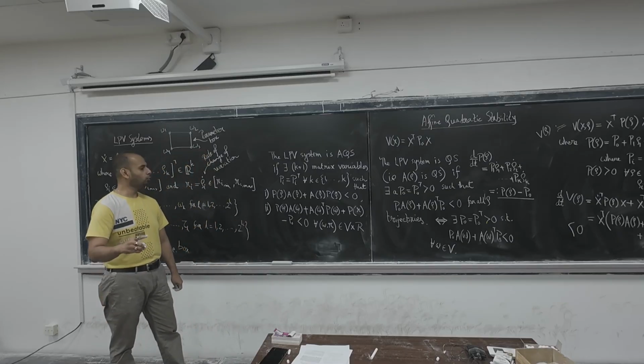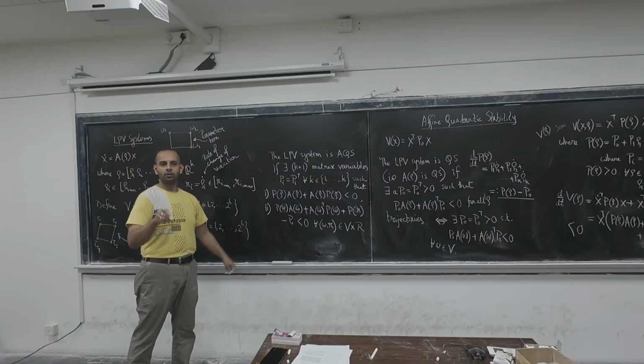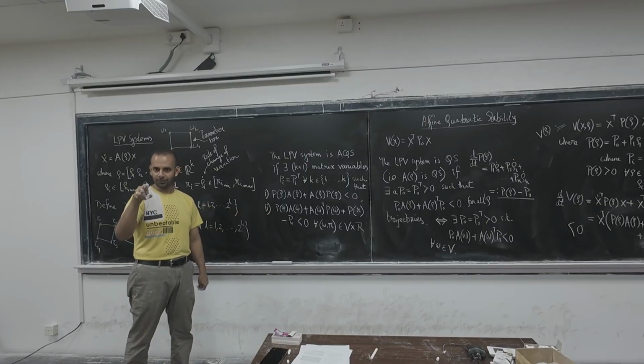Why did I change rho to W? Because otherwise I cannot point out that this is going to be satisfied at the vertices.